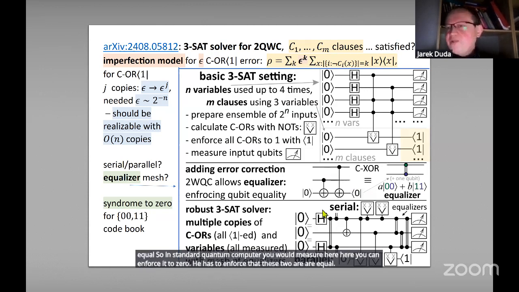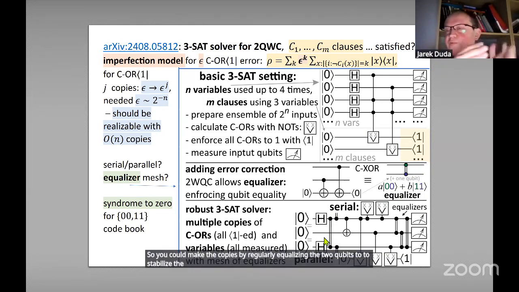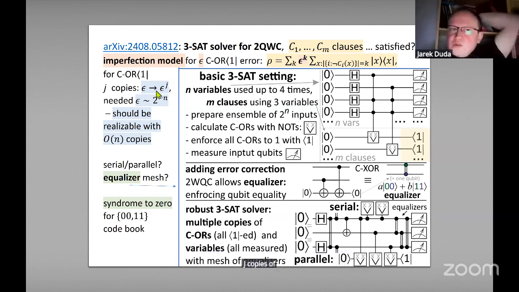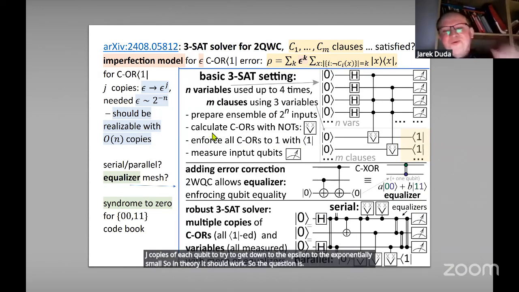So you could make copies by regularly equalizing the two qubits to stabilize the flow of information, to try to enforce that these J qubits are equal. We could make many of these equalizers to work simultaneously on these J copies of each qubit to try to get this epsilon down to exponentially small. So in theory it should work. The question is, could we do it right?